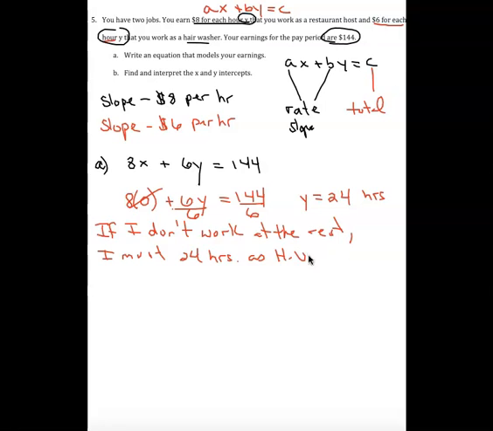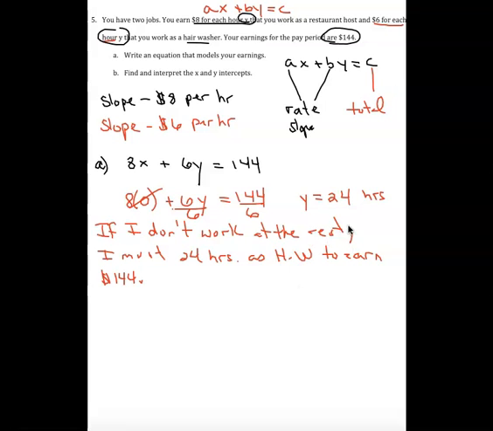I'm going to put HW there, to earn $144. Alright, and that'll be the interpretation part, right? So it says find and interpret the X and Y intercepts. So plug in 0 for X, solve for Y, that's my Y intercept. So if I don't work at the restaurant, I must work 24 hours as a hair washer to earn $144.